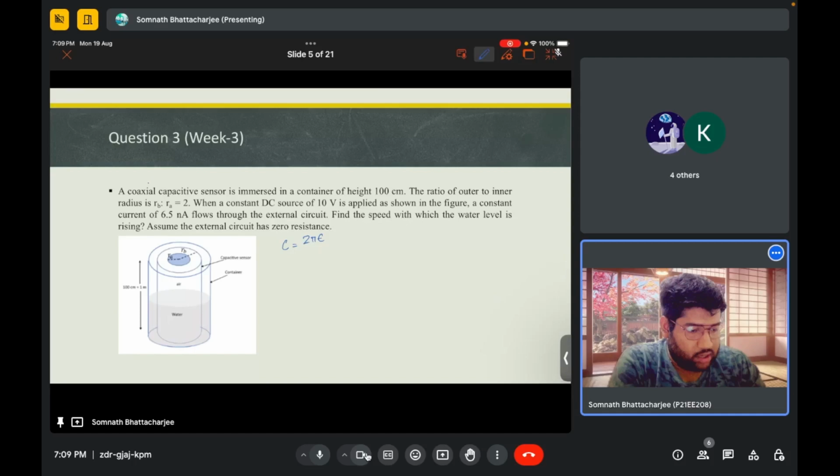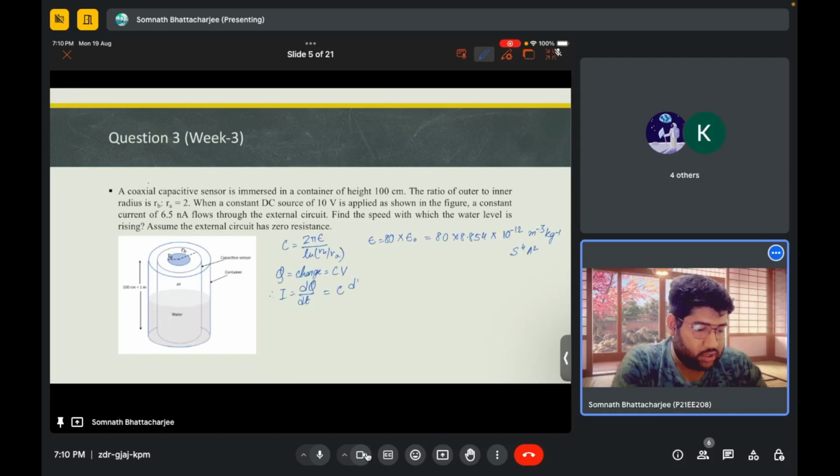We have the value of charge, which is CV. The current is the change of charge with respect to time. So we have I equals C dV/dt plus V dC/dt. As the applied voltage is DC, the first term becomes 0.